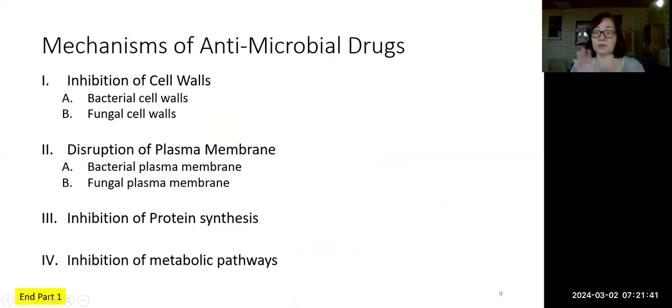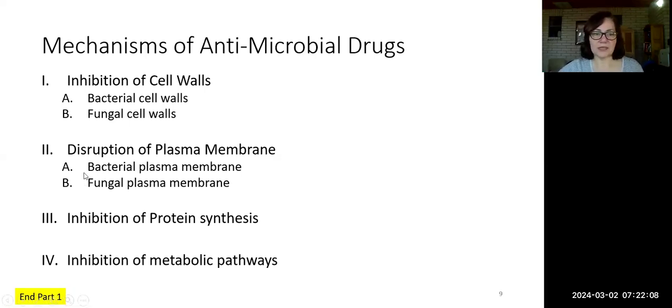Okay, so to review, I will finish with this. These are the mechanisms of antimicrobial drugs. There's going to be inhibition of the cell walls. We're going to look at inhibition of bacterial cell walls, or lots of different kinds of medications, and inhibition of fungal cell walls. Then the next target is a plasma membrane, cytoplasmic membrane, cell membrane, means the same thing.